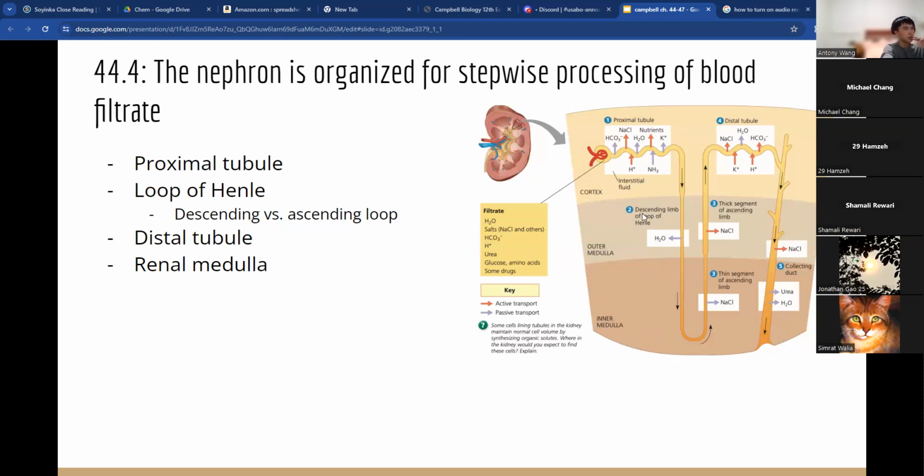I wish I could go into more detail, but just know that as you go down, the concentration on the outside increases, so water leaves. As you go up, the concentration of solutes on the outside is less, so salt will diffuse out, and then in the ascending limb, you pump out salts actively.